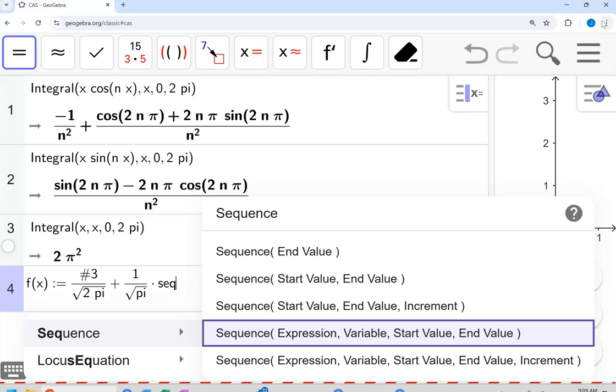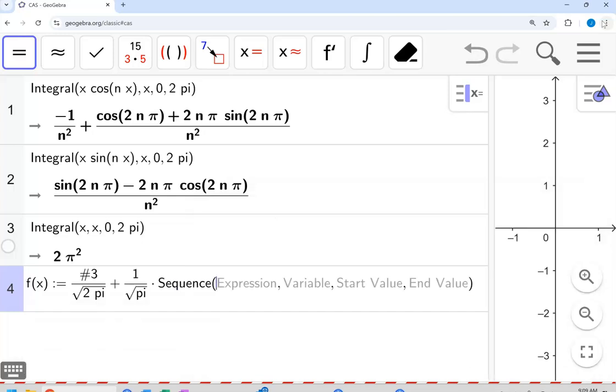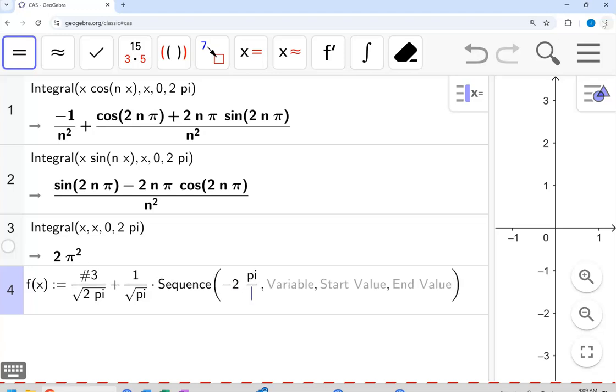Here we go. That's the one I want. All right, what expression do we want? Well, we already said that, and I was going to type it in. We already said this one was 0, and this one was negative 2 pi over n. That's the one I want, right? So we'll do negative 2 pi over n. What do I want to multiply that by?